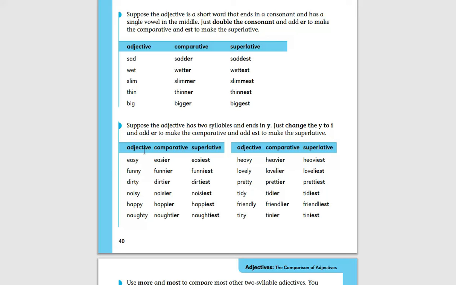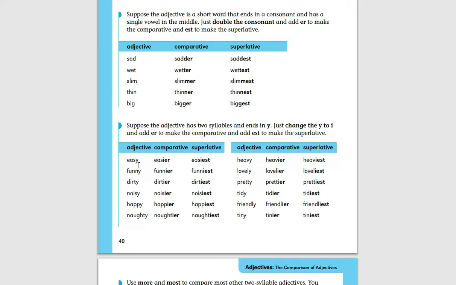Suppose the adjective has two syllables and ends in Y. Just change the Y to I and add ER to make the comparative and add EST to make the superlative. For example, easy. Just change the Y to I and add ER to make the comparative.